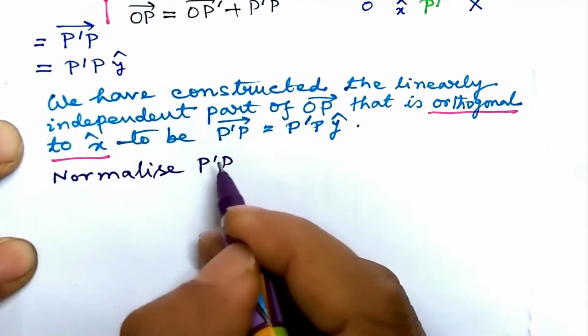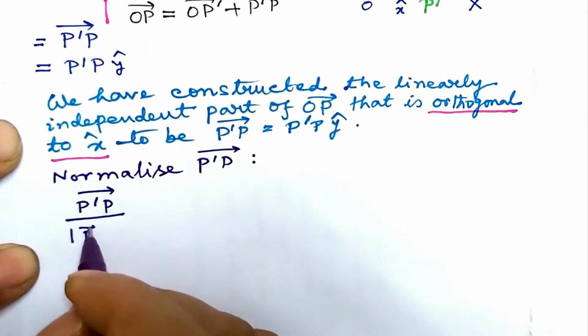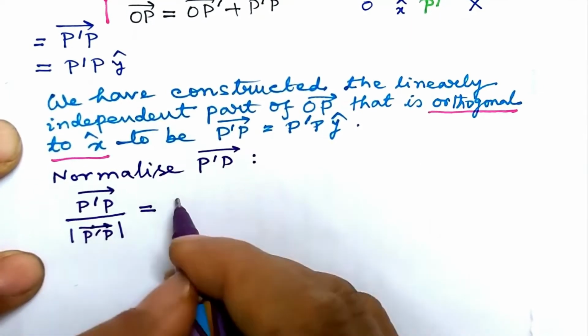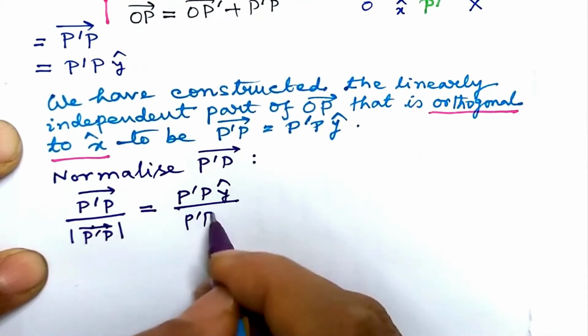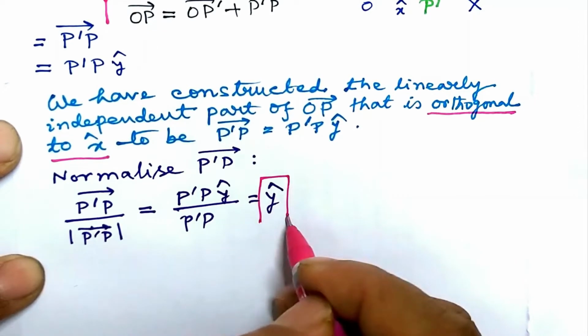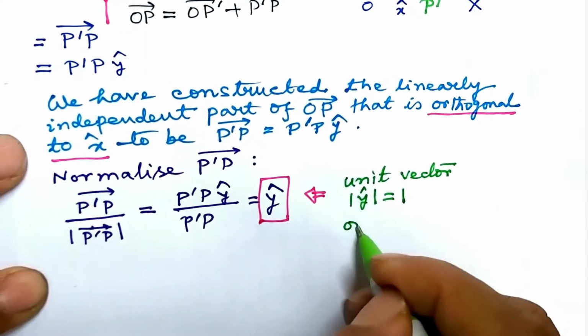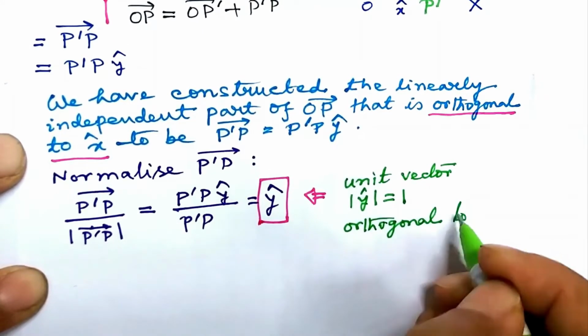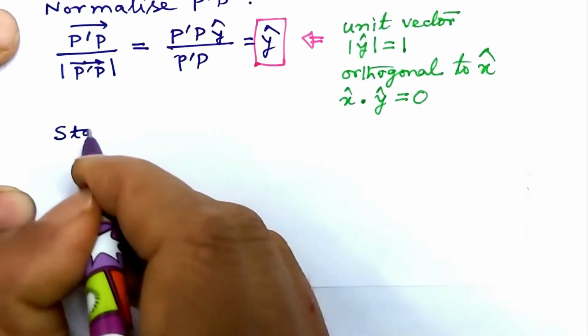Normalize vector P prime P. Vector P prime P by modulus of vector P prime P equals P prime P into y hat divided by P prime P, and this is equal to y hat, which is a unit vector, that is, mod y hat equals 1, and it is orthogonal to x hat as x hat dot y hat equals 0.